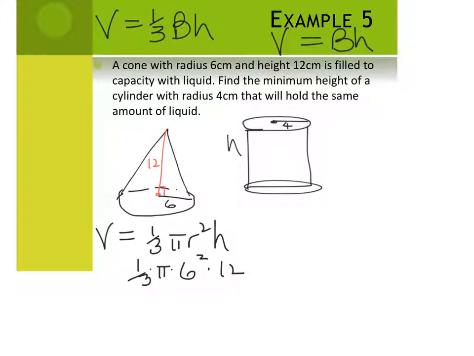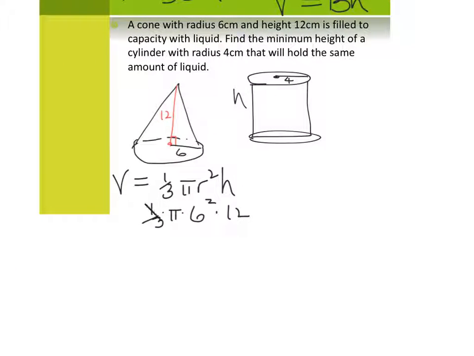I could simplify diagonally here. I could make this a 4, and then 36 times 4 pi, giving me 36 times 4 is 144 pi for the volume of my cone.